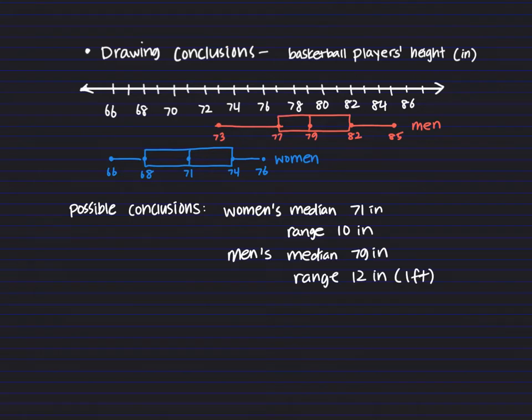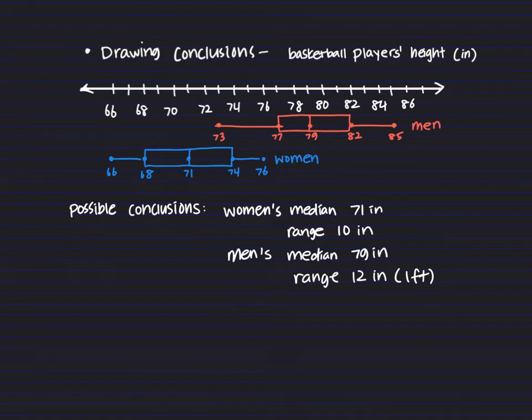Some of the other information, for example, is going to be that most of the men, because it's going to be from most men. Some men are shorter, but most men, which is 75% of men, are going to be taller than the tallest women. So 76, 77 and up, this is going to be 25, 25, 25.